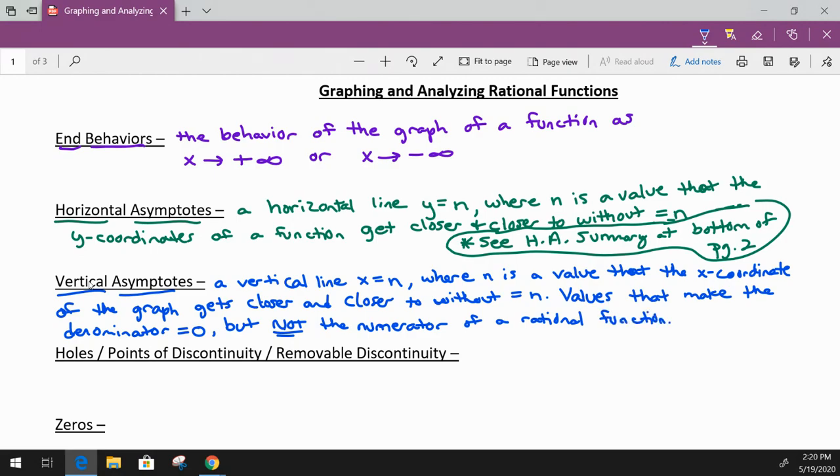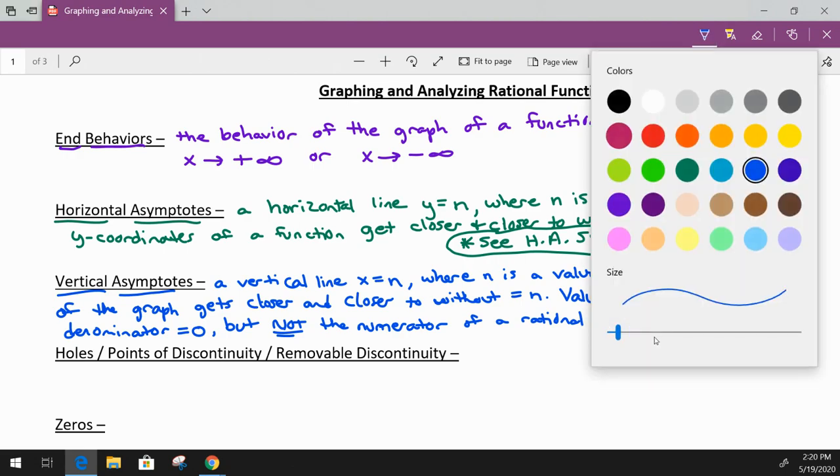Rational functions are very unique. They have a lot of different forms. So for the most part, a vertical asymptote is a vertical line that the graph gets closer and closer to without ever equaling that, and the values make the denominator equal to 0, but not the numerator. There is an exception to this second rule, and I have an example to show you that later on.